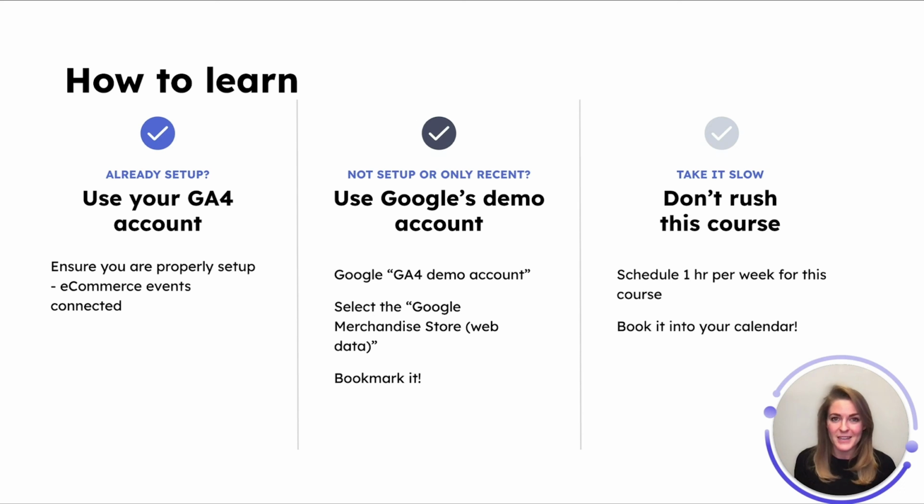It's really easy to schedule that in, ideally in the morning, maybe on a Friday, and then book it into your calendar so that you make sure that you stick to that time. If you're anything like me, you buy an online course and then you just forget about it and you think that that's done and dusted. But it's really important that you actually take the content, and so I find that this is definitely the best way.